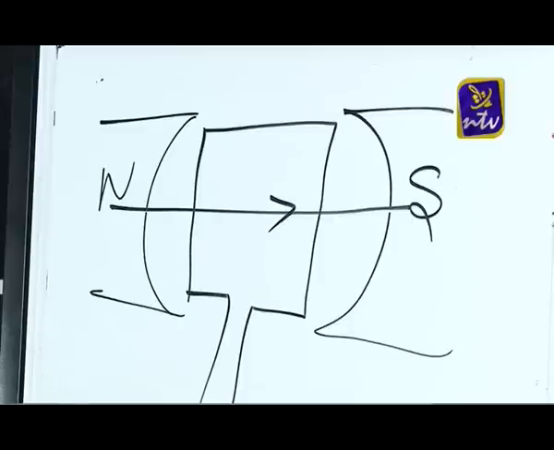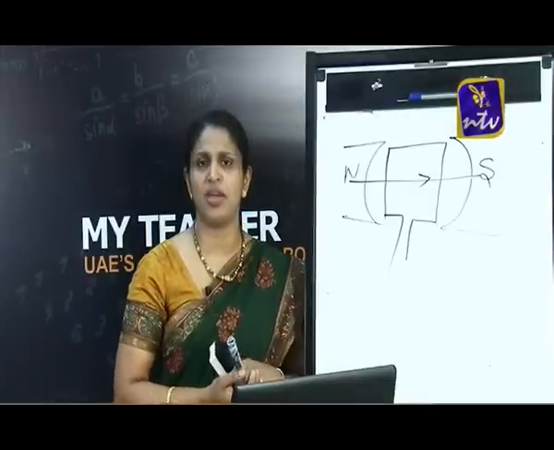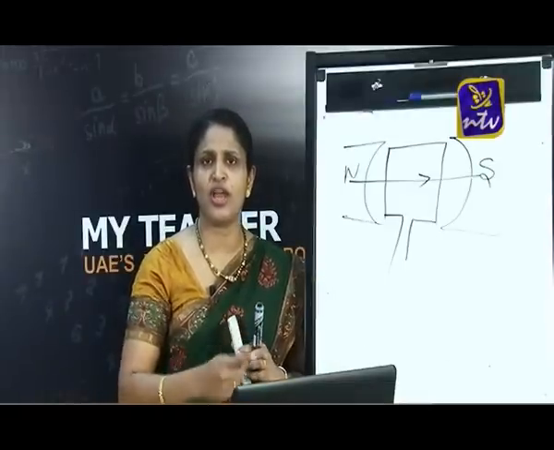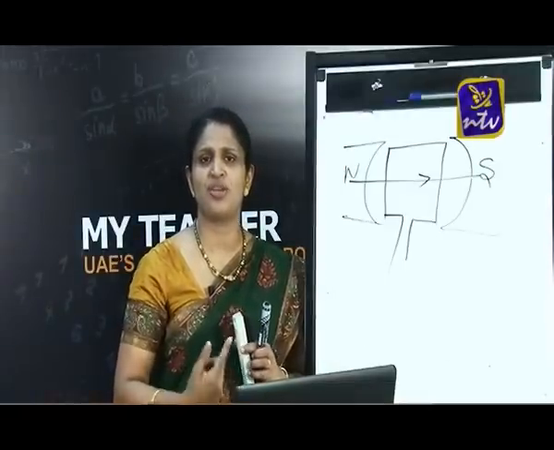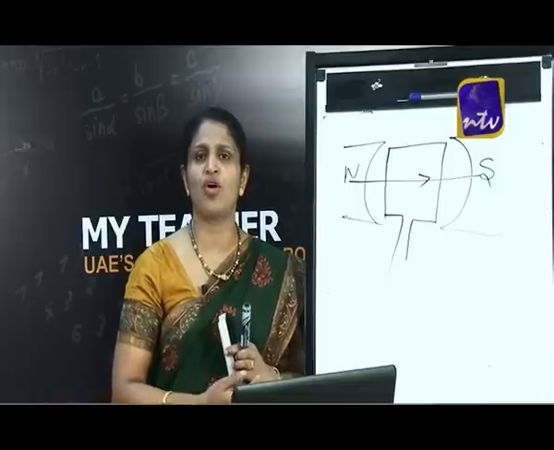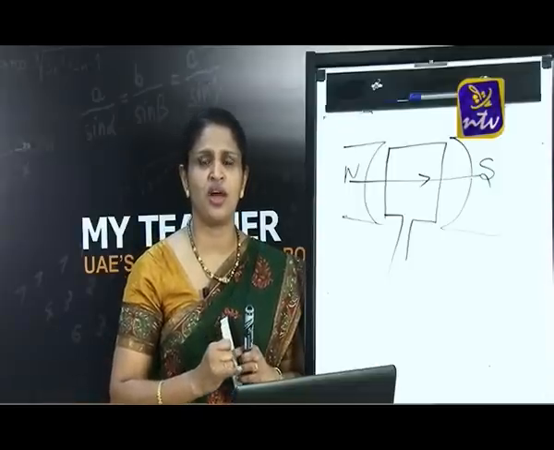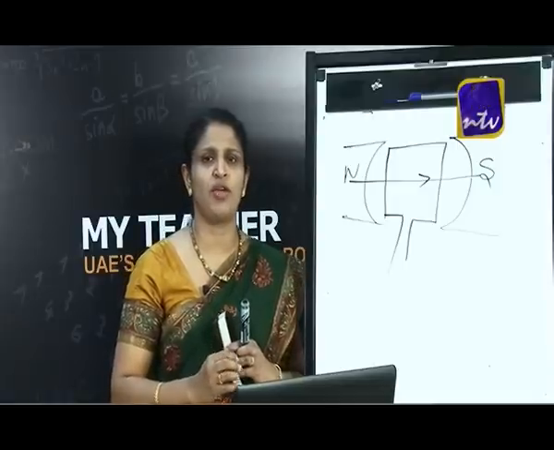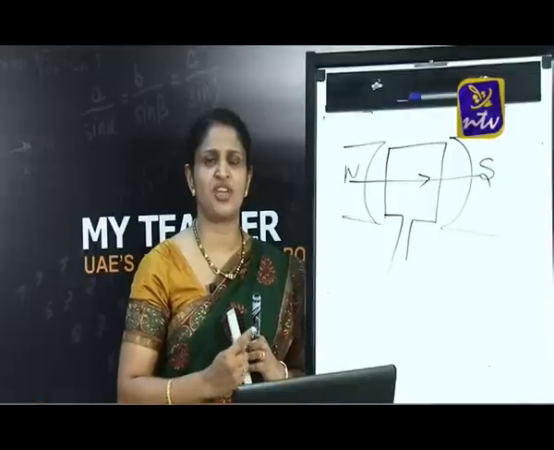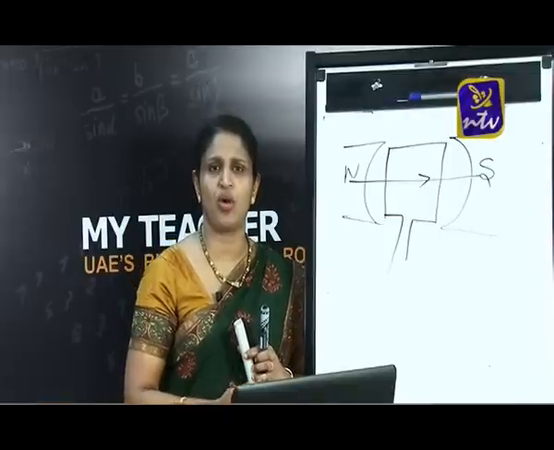At present, the lines are not cutting through that coil, meaning the flux linked with the coil is minimum now. But if I rotate the coil, I can change the magnetic flux linked with the coil by changing the orientation of the coil. We are not changing the area, we are not changing the magnetic field, but just changing the orientation of the coil.